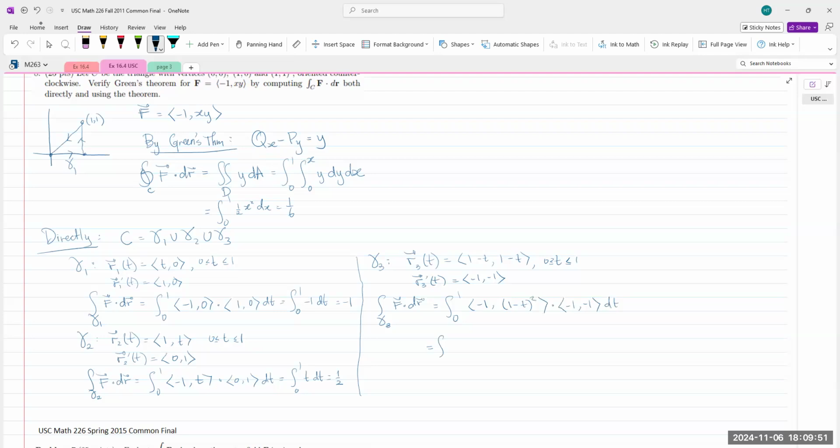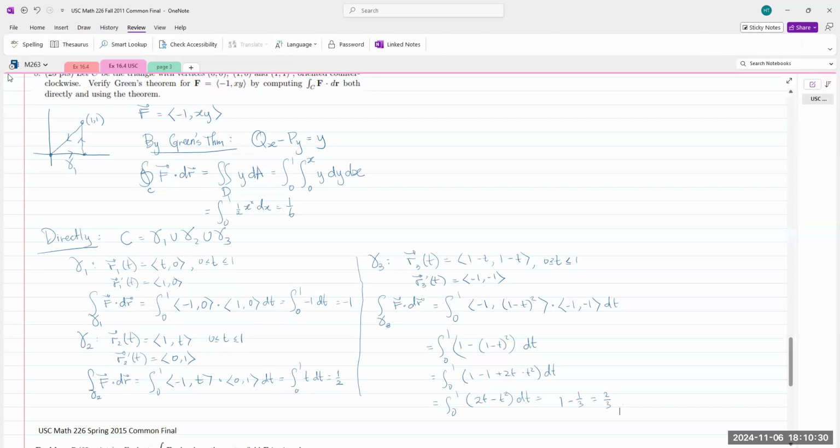That is the integral from 0 to 1 of -1 plus 2t minus t squared dt, the integral from 0 to 1 of 2t minus t squared dt, that is 1 minus 1/3, is that right? Which is 2/3.